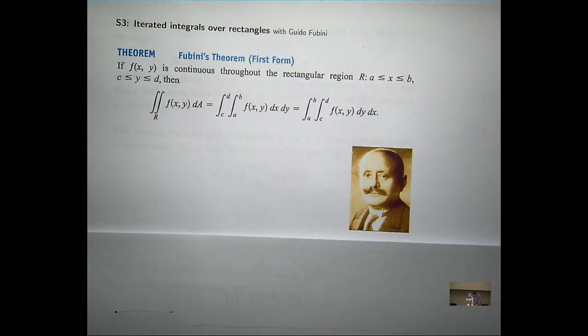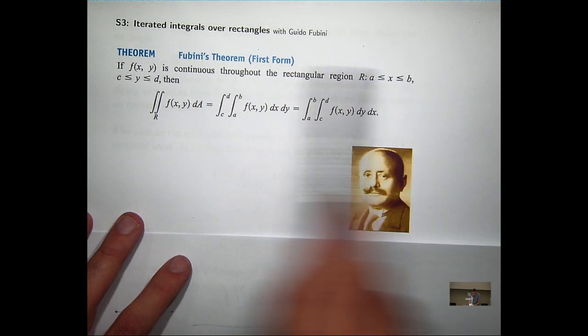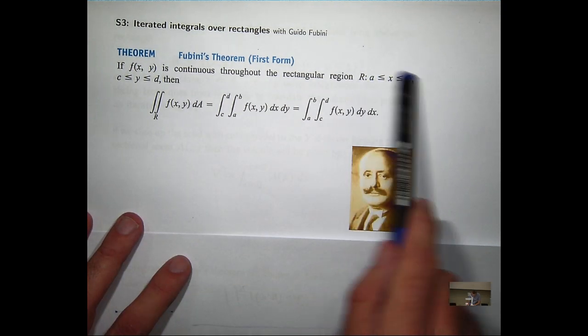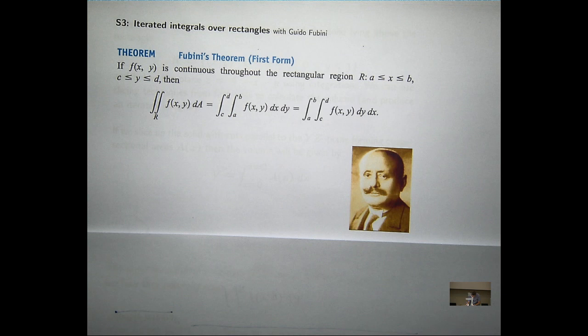Now, I'll do a particular example and show you how it all works. Here, a, b, c, and d are just the bounding parallel lines of your rectangle. Let's do an example and see how we actually evaluate this.